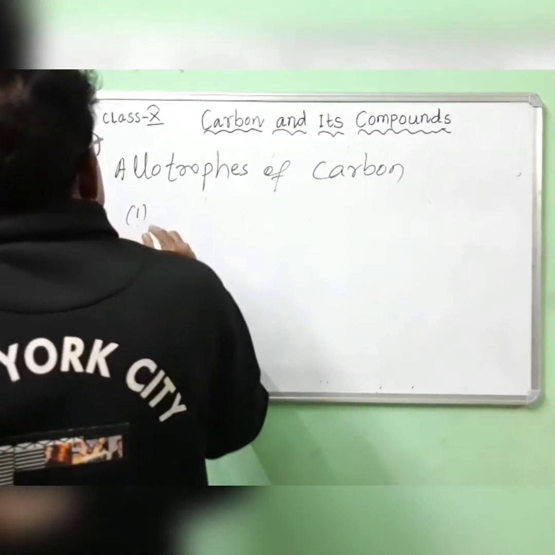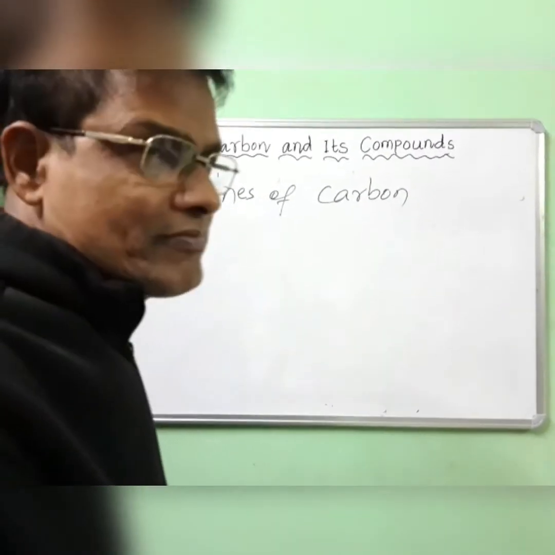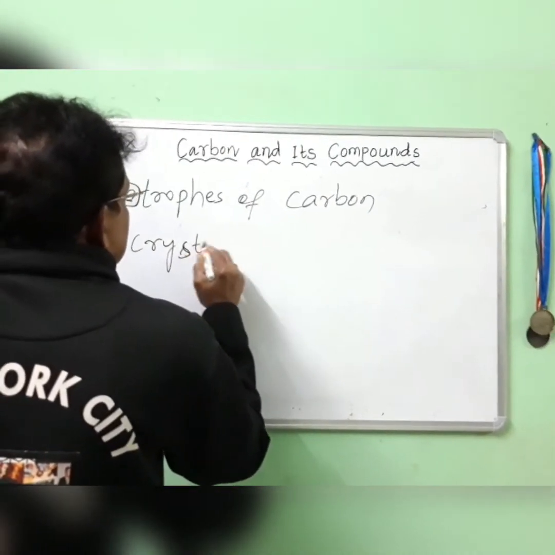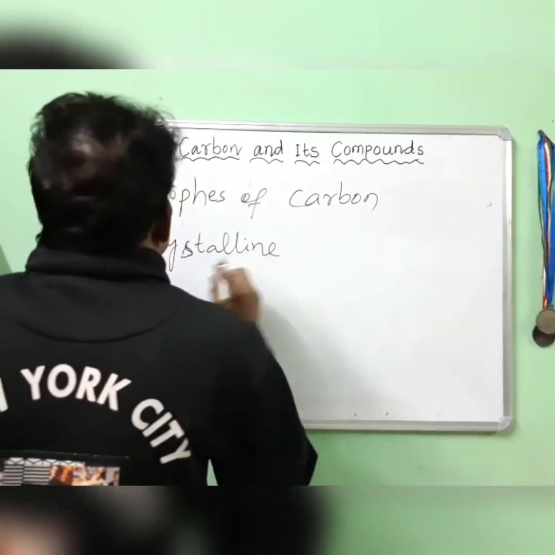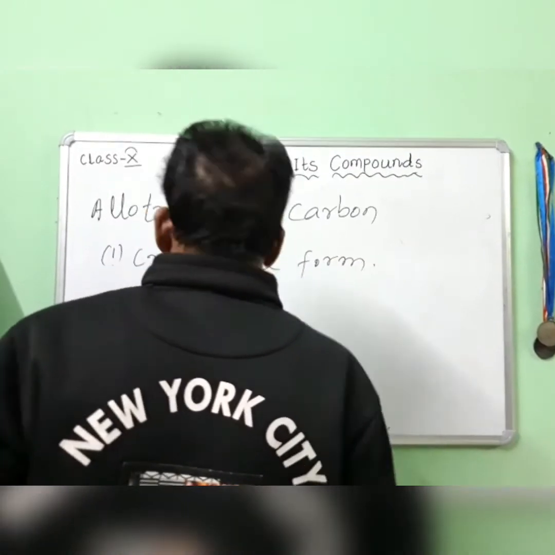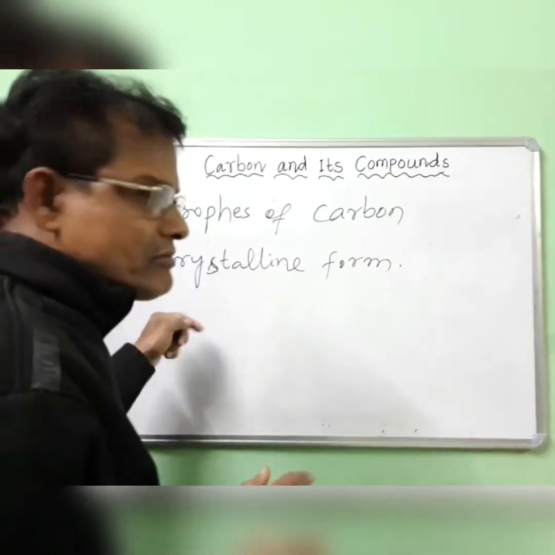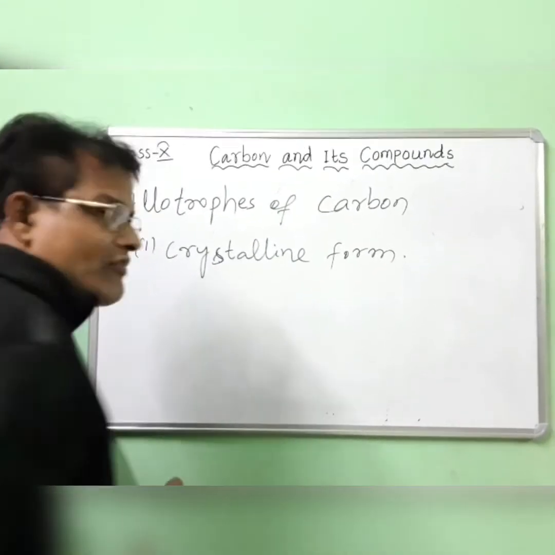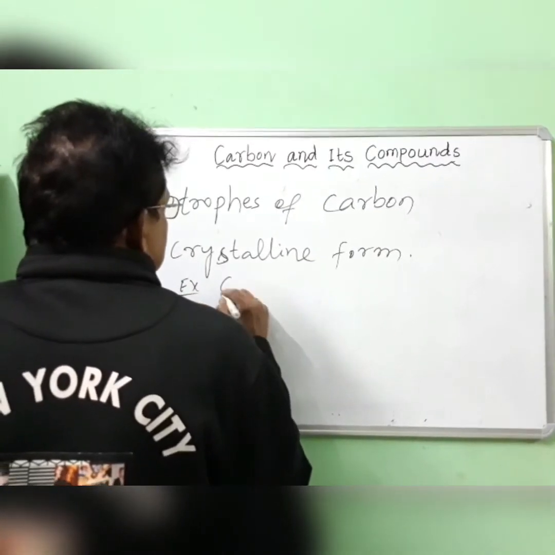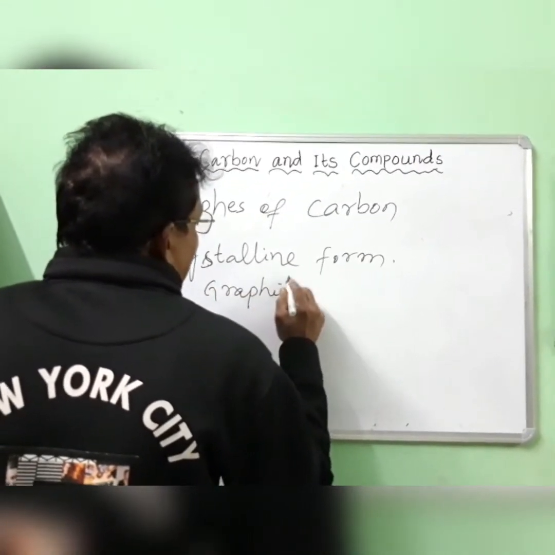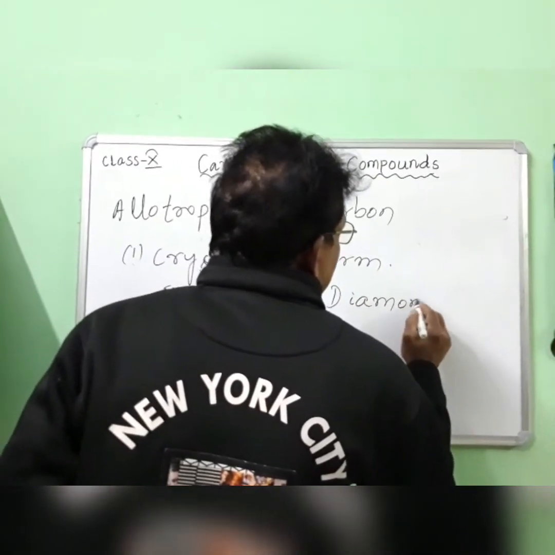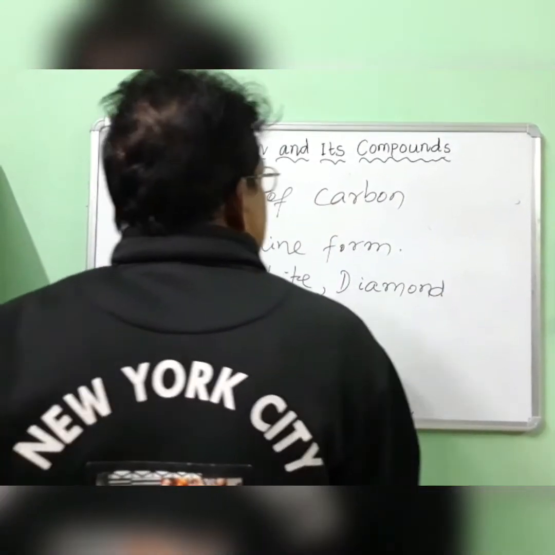First one is the crystalline form. So examples of the crystalline form of carbon are graphite, diamond, and fullerene.